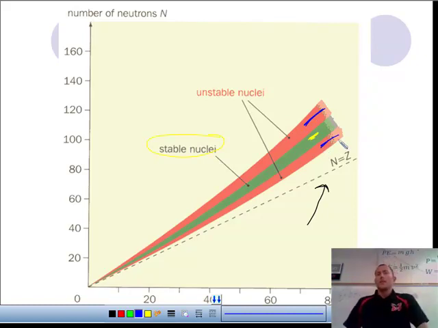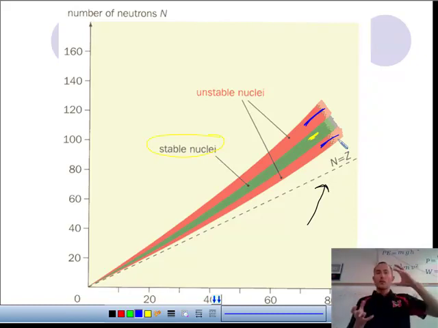Now, what happens as we get larger and larger nuclei, those protons start to get further and further away from each other. And remember, over those larger distances, the electrostatic force is still acting, and so those protons are still pushing each other away.